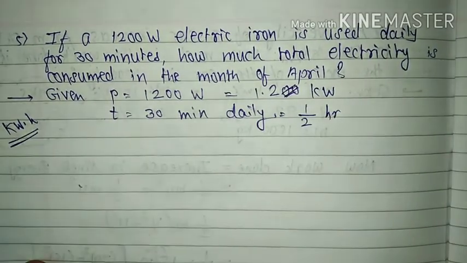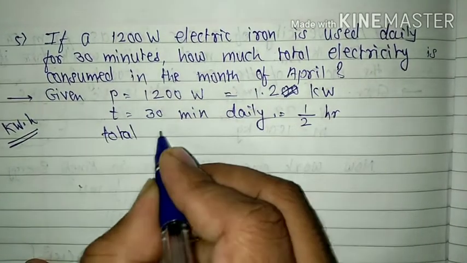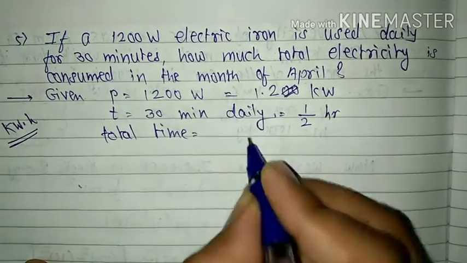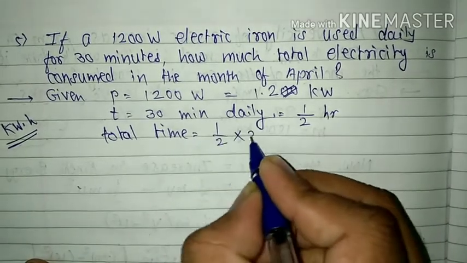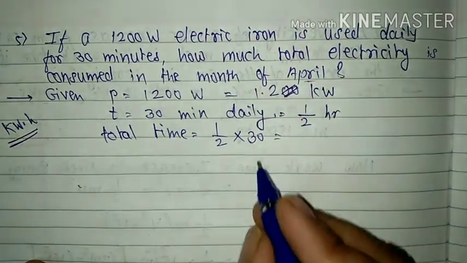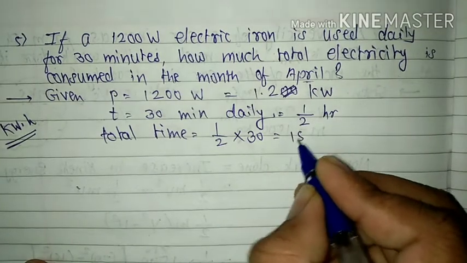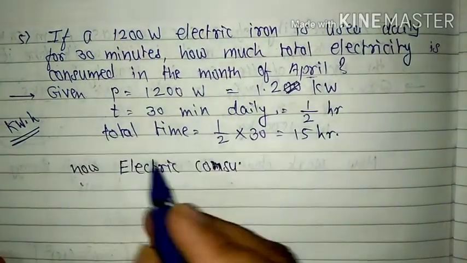Kilowatt hour unit na, half hour daily. That means total time is equal to half into 30 in the month of April. April में 30 days है, so half into 30 is equal to 15 hour.